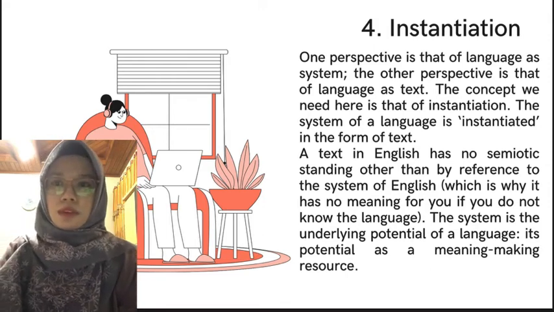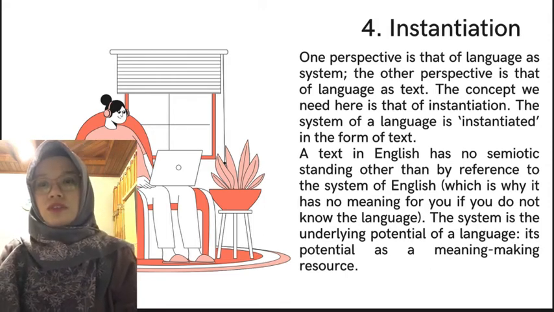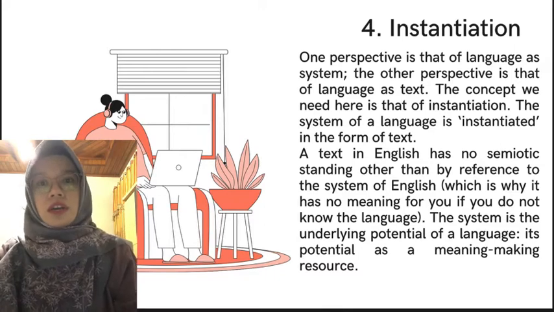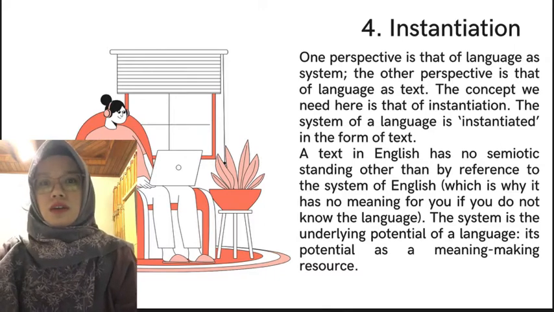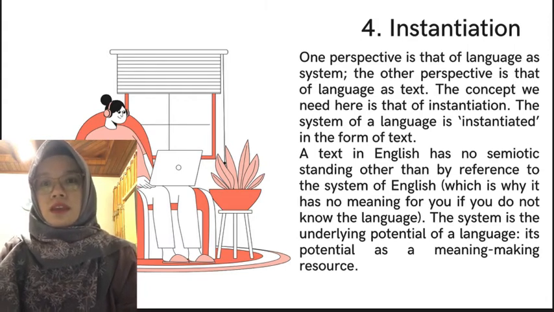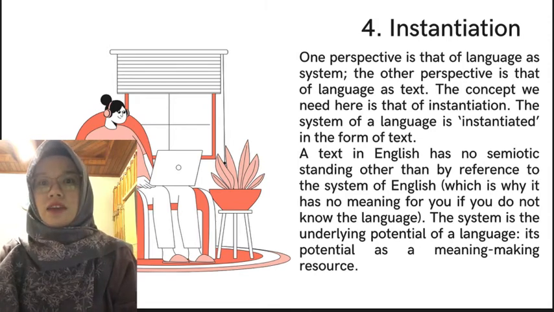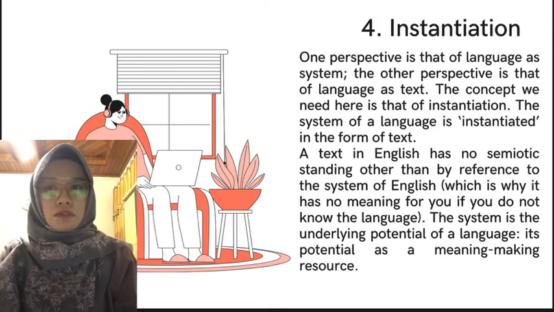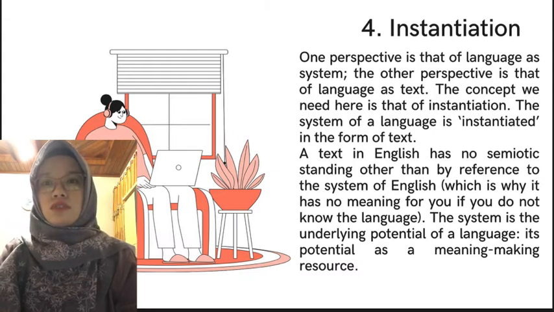A text may be a trivial surface encounter like ordering coffee, or it may be a momentous event in human history like Nelson Mandela's inaugural speech. And a text in English has no semiotic standing other than by reference to the system of language, which is why it has no meaning for you if you do not know the language.